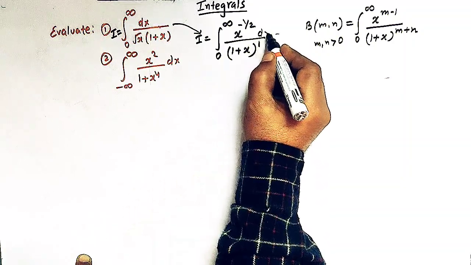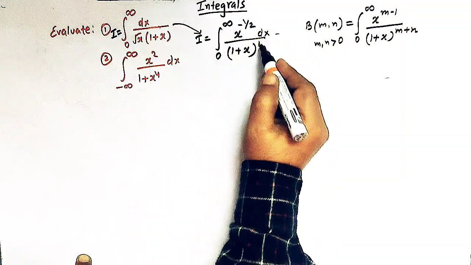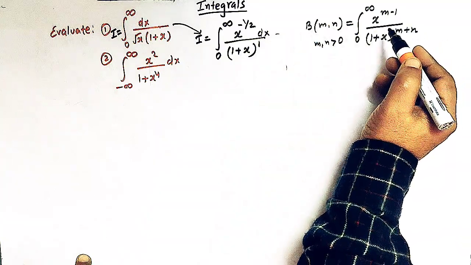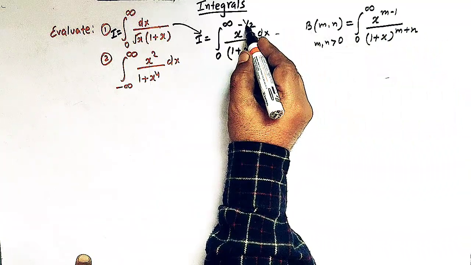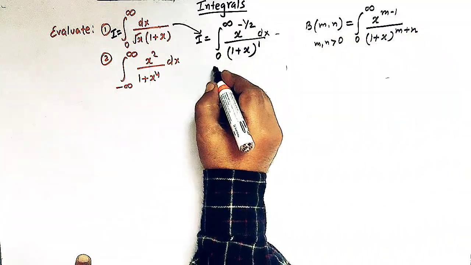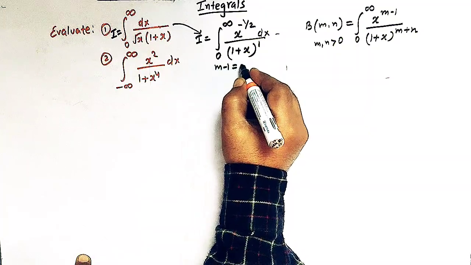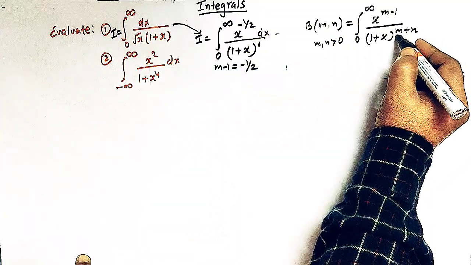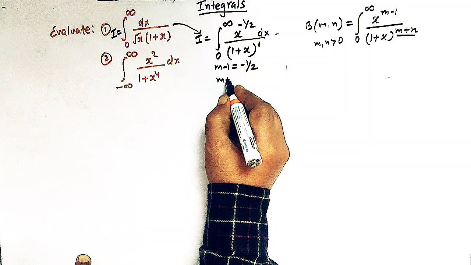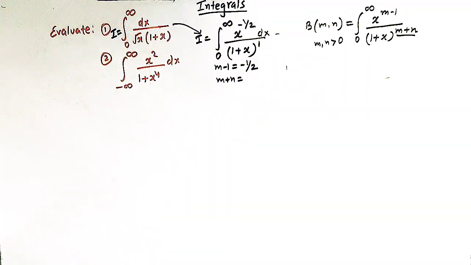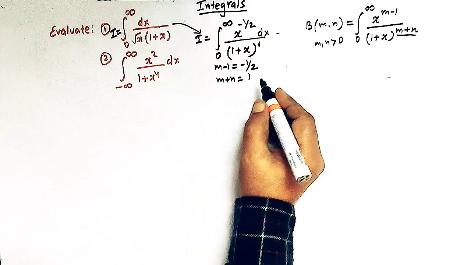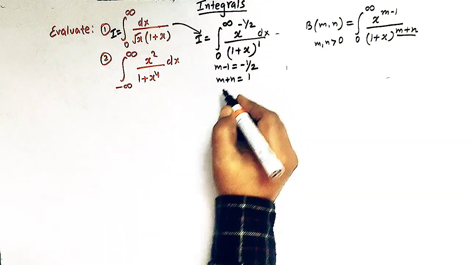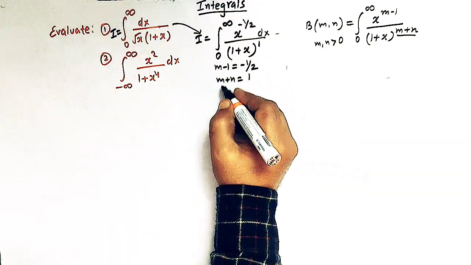So here we have dx, and this integral can now be written in this form by taking m minus 1 is equal to minus half, and m plus n is equal to 1, right? So let us now solve these two equations to get the values of m and n.